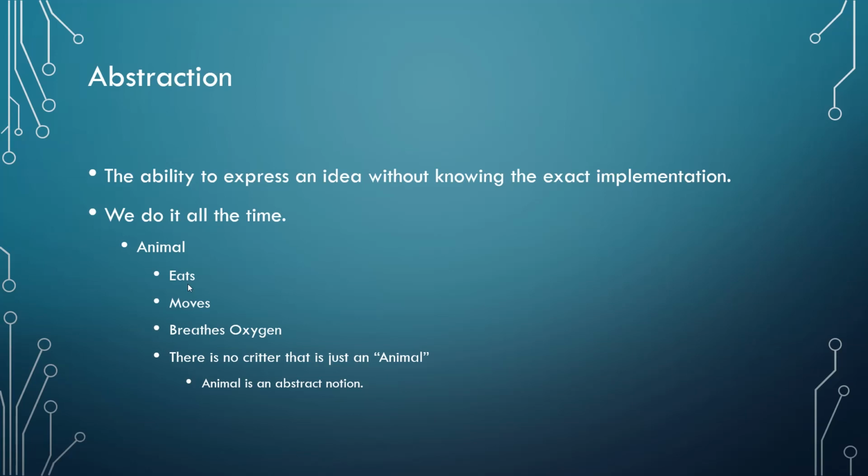All of these things we can generally describe as behaviors of an animal, but to get specific behavior, we study specific animals. In code, you would model generally object, and then as you go further and further down the hierarchy, you get more and more specific behaviors. So support for abstraction is object-oriented languages' support for this method of reasoning.